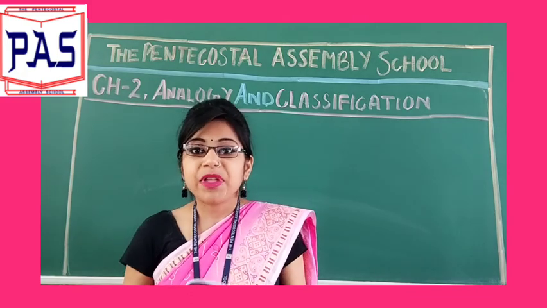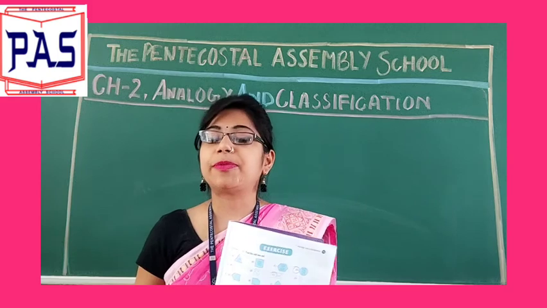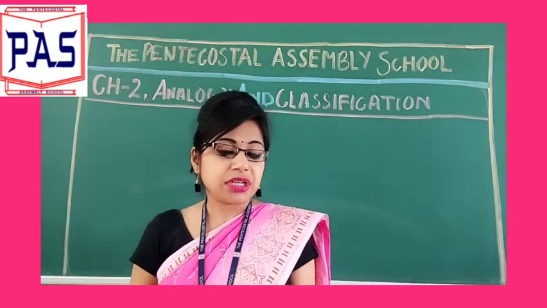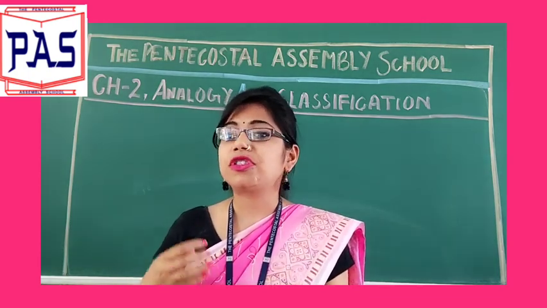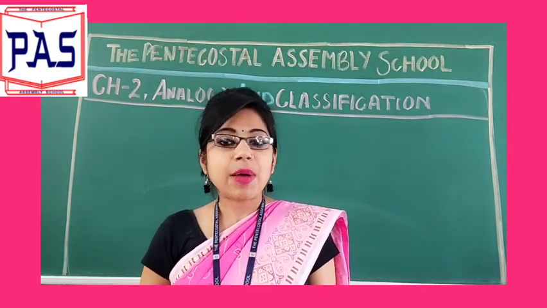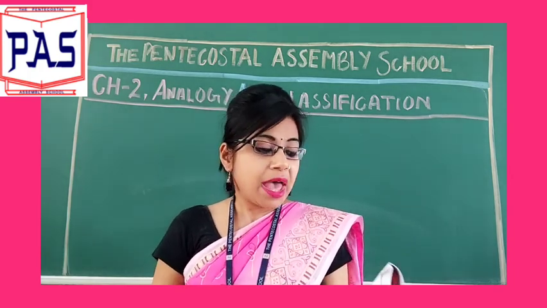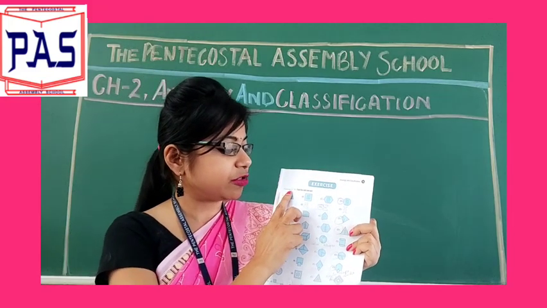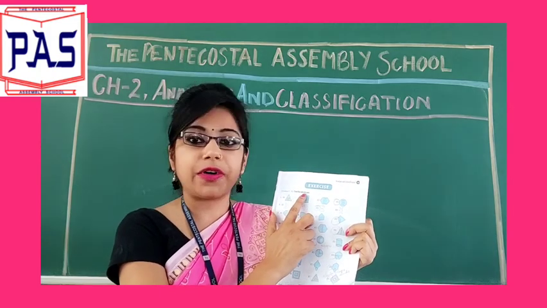So children, as you can see, this chapter consists of 30 questions, and each set of questions follows some different patterns. In today's class, I am going to solve the first 10 questions for all of you, and the direction for questions 1 to 9 is to find the odd one out.